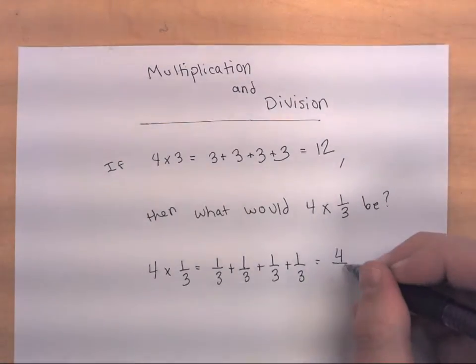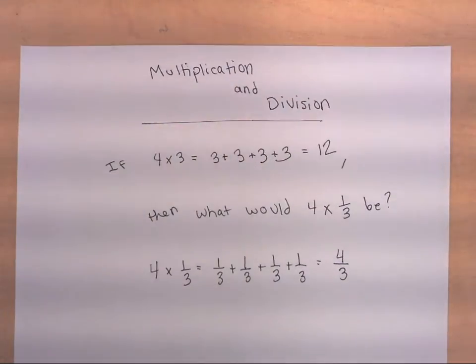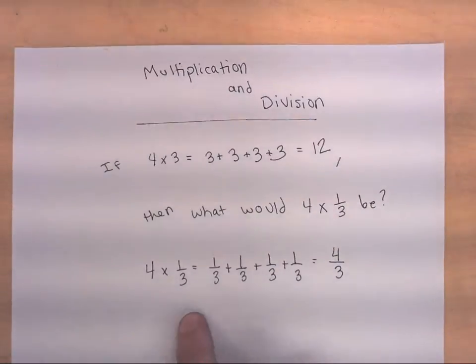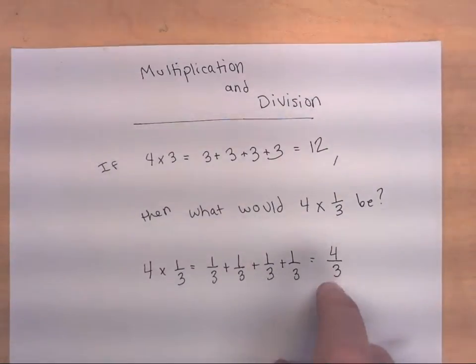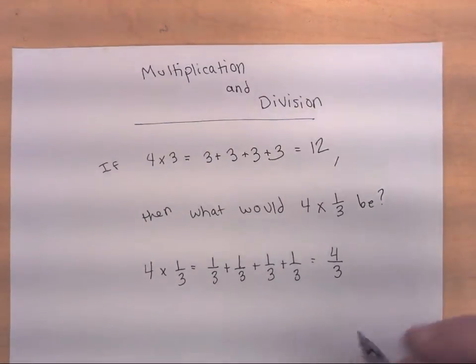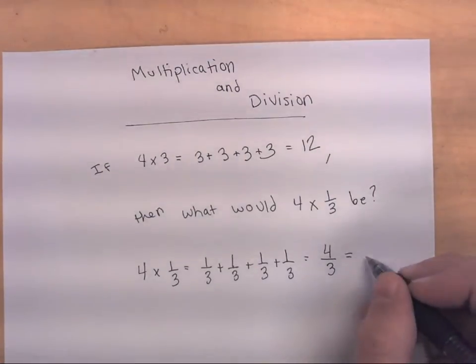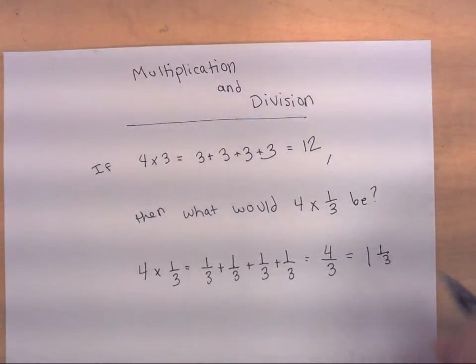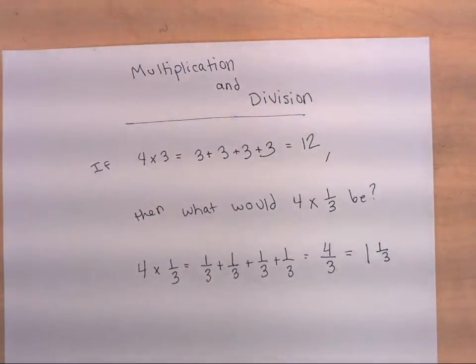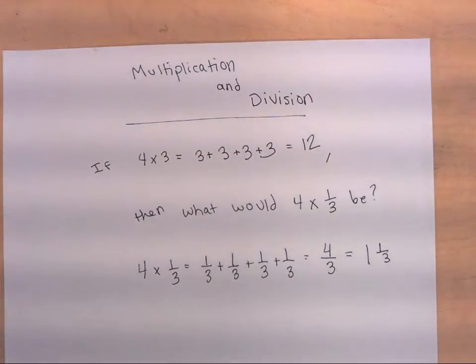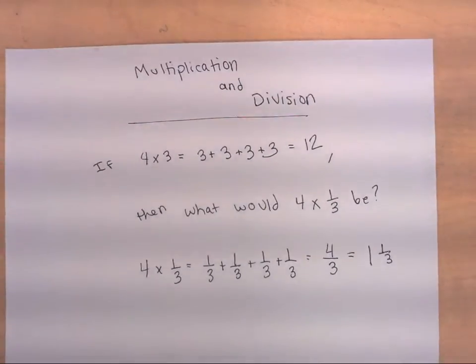And so because there are 4 1/3s here, they knew that 4 multiplied by 1/3 would be equivalent to the product 4/3. And some students even recognize that 4/3 could be expressed as 1 1/3 as well. And we had some conversations about that.